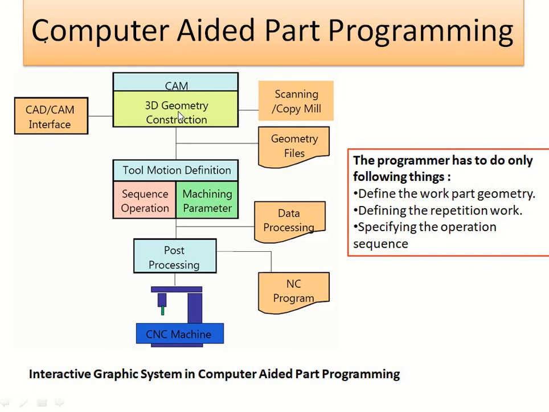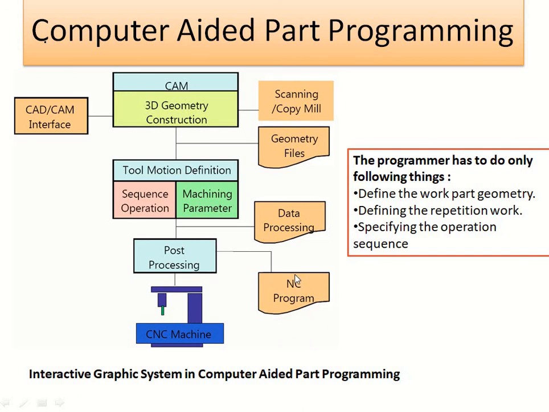In computer aided manufacturing, 3D geometry construction can be done with the help of software, and scanning and copying with the help of geometry files can be provided to the tool motion definition. Then the sequence of operations and machining parameters can be selected. Through the computer we do the data processing, and after processing the data is provided for post processing.